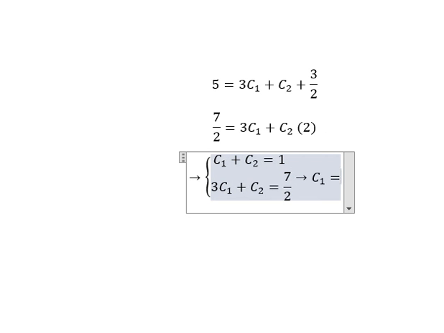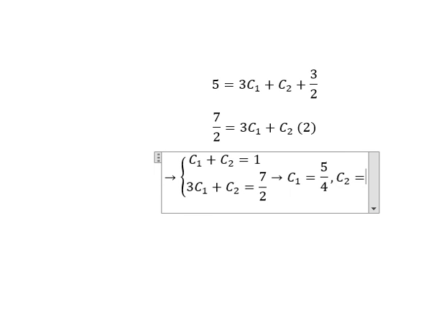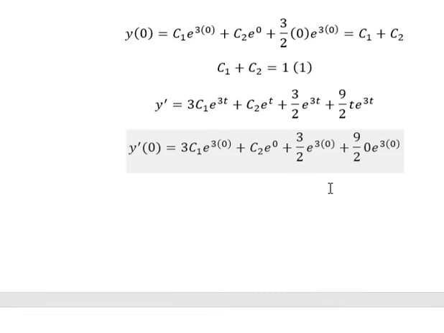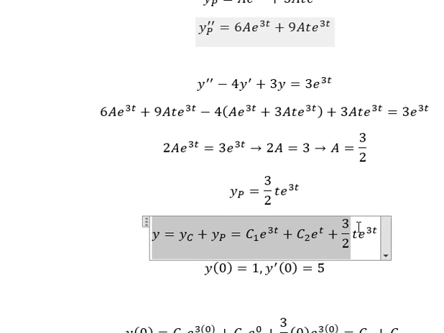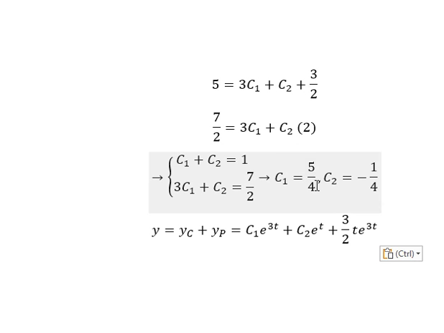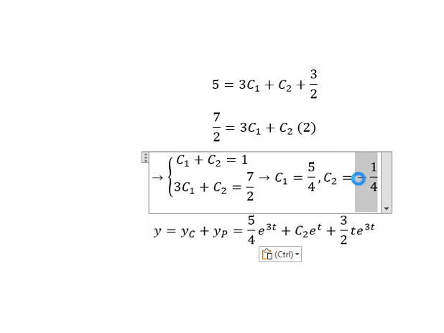So c1 equals 5 over 4 and c2 equals negative 1 over 4. So I will put this one going back in here, this one going here and this one going here.